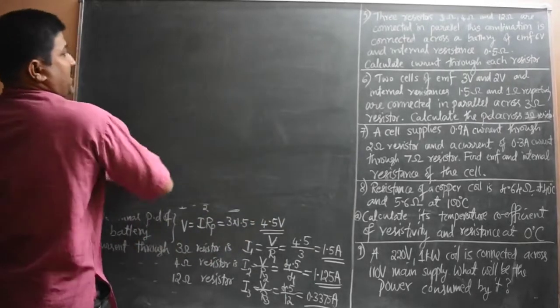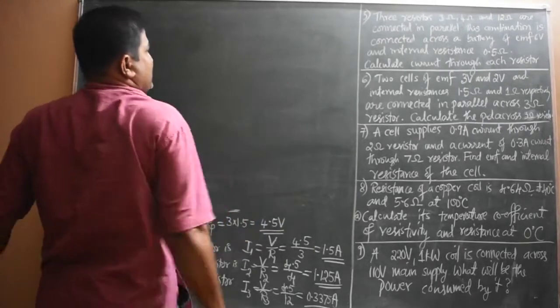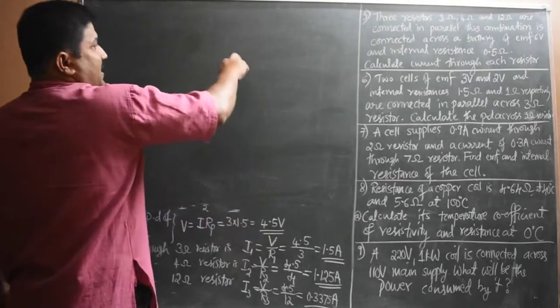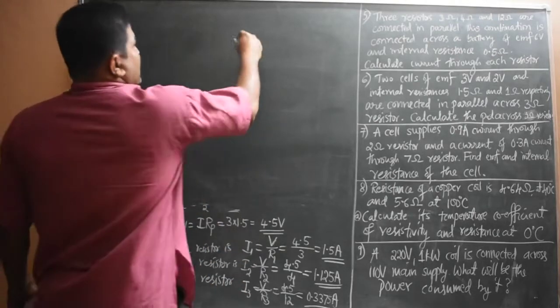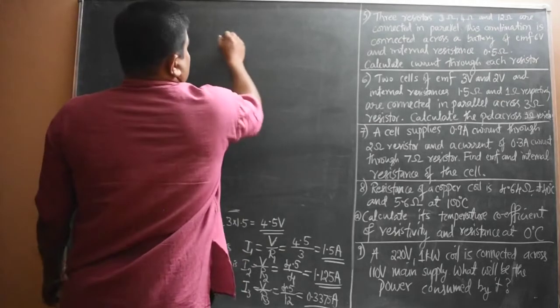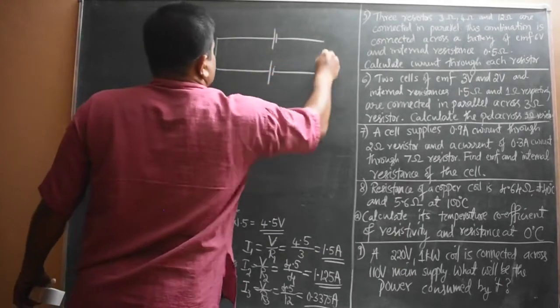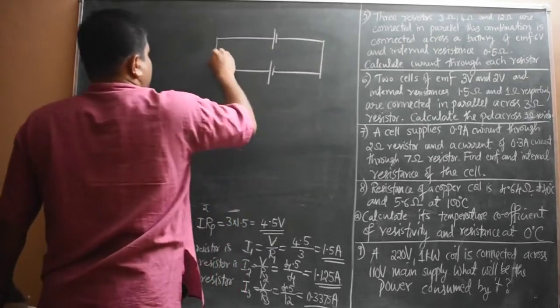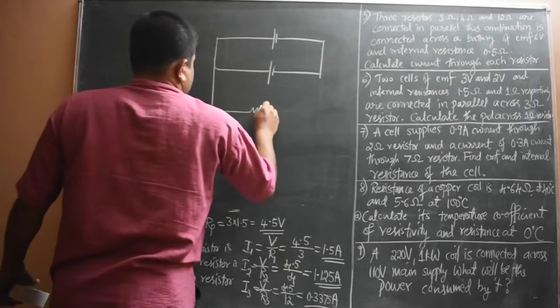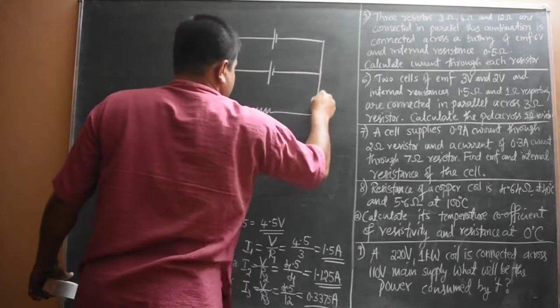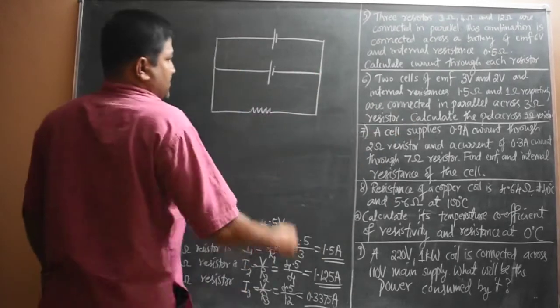So again I will put a diagram, even though the diagram doesn't carry any mark for solving here, but it helps us. So here one cell, another cell is there, and this parallel combination of cells is connected across a resistor of resistance 3 ohm.